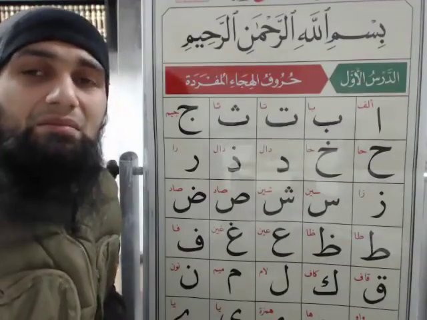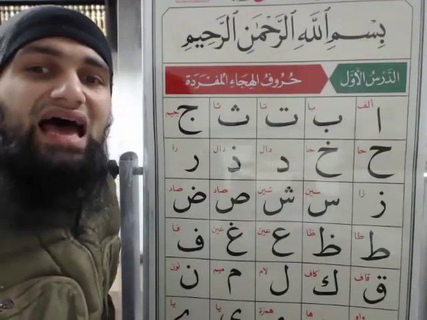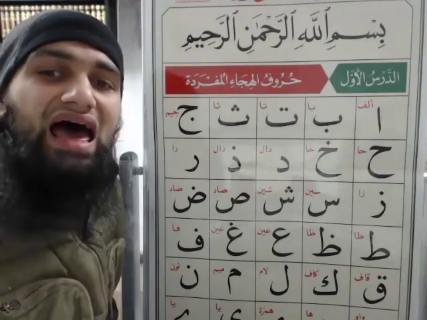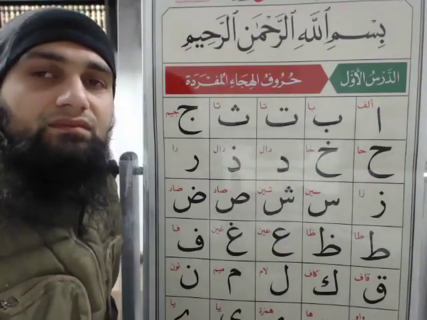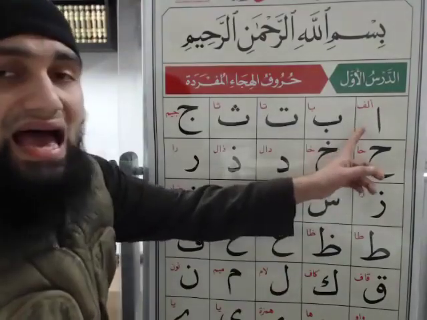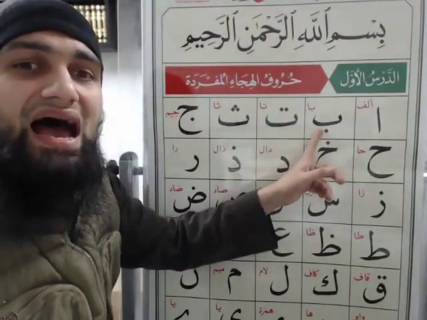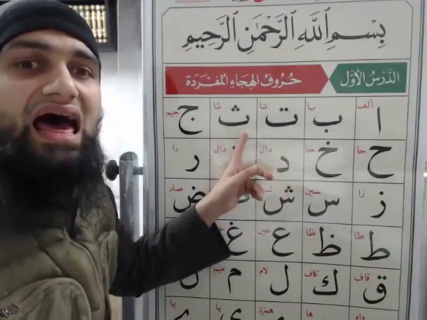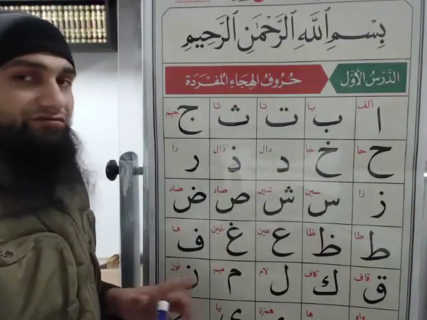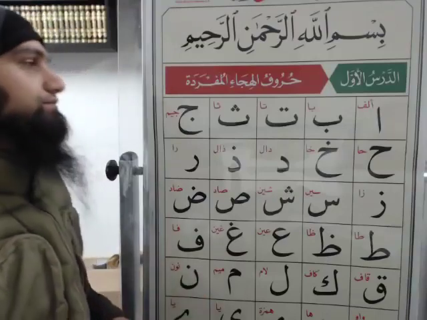Alif, ba, ta, tha. Okay? Alif, ba, ta, tha. Very good. So we got 4 letters down.